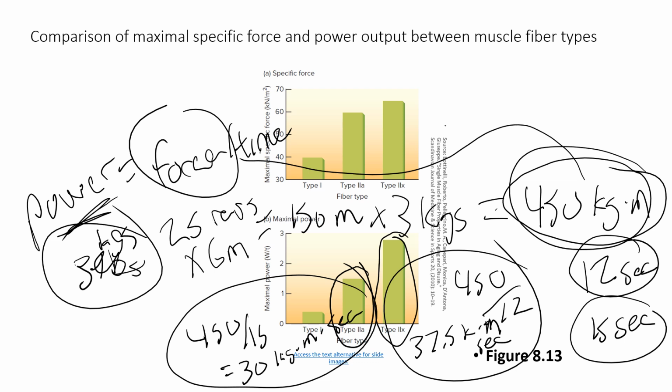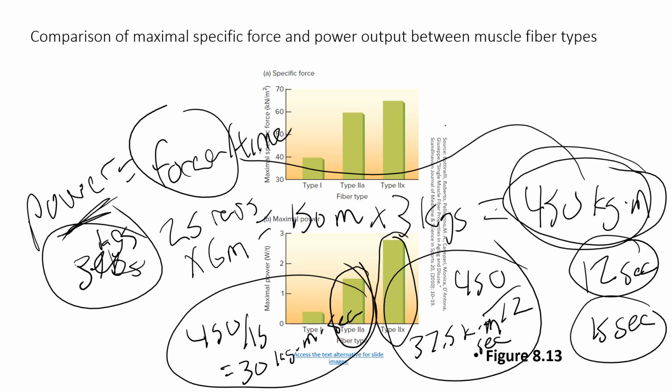This is why people who play power sports, forward in soccer or basketball or components of hockey or basically every sport to some degree, linemen, running backs, most volleyball, most sports have big power components to them. You want people to produce lots of force over short periods of time. That's what sprinting is. And type IIx fibers by far produce the most amount of force over time.